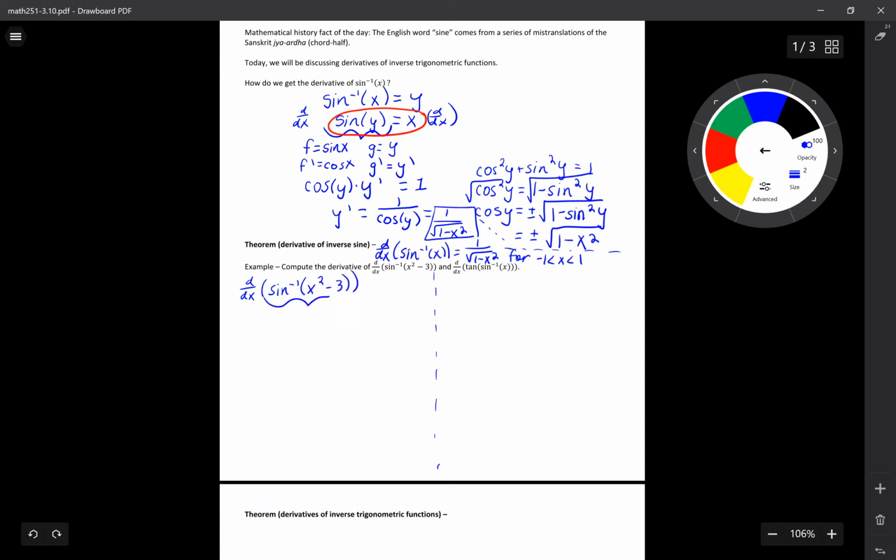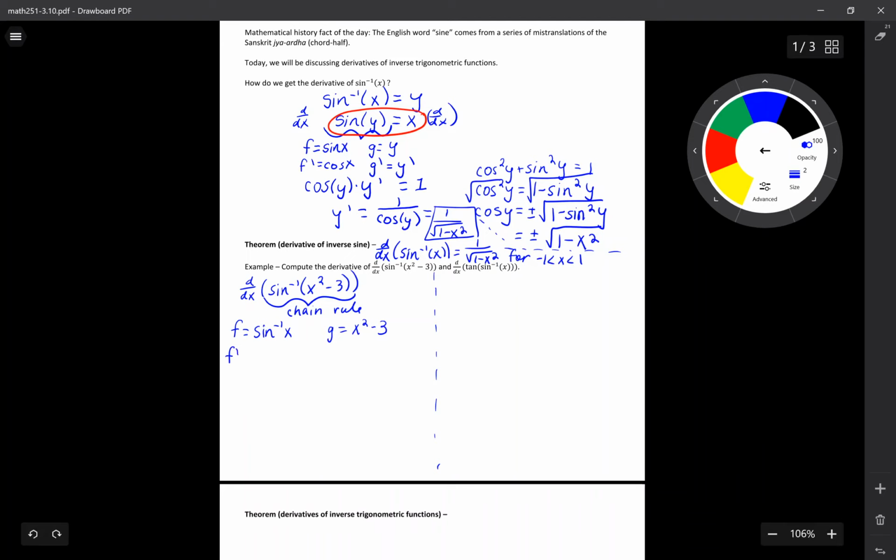So I'm going to have to use the chain rule here, since I have a function, x squared minus 3, inside another function, sine inverse of x. So my outer function here is sine inverse of x, and my inner function is x squared minus 3.